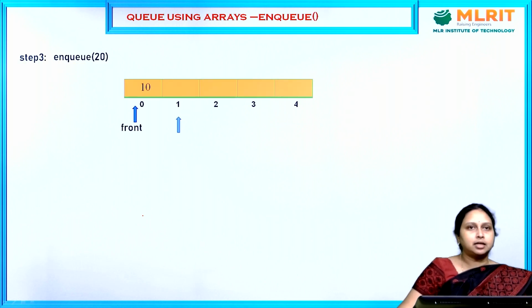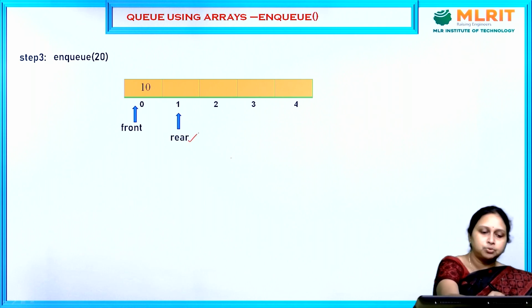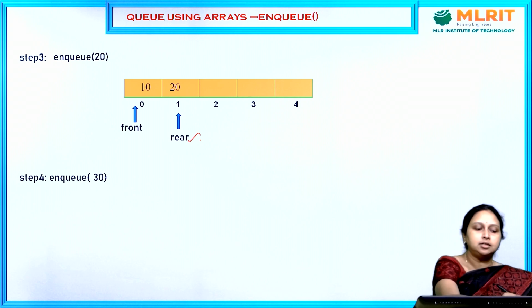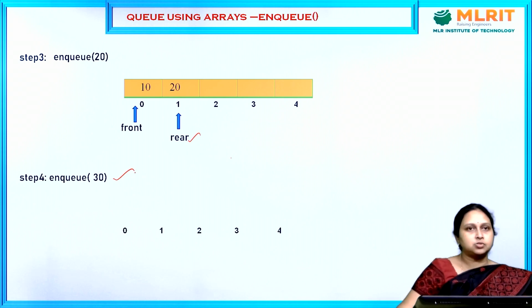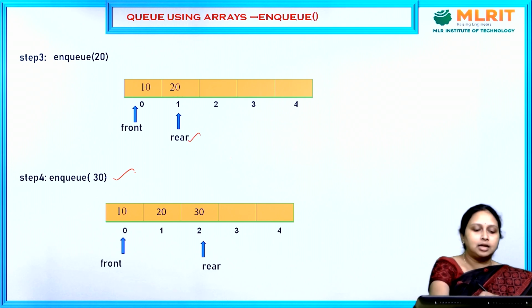Enqueue 20: suppose I want to insert 20, in that case increment the rear value first, then insert the element 20. In the same way, to enqueue 30, first increment the rear value, then insert the element 30.